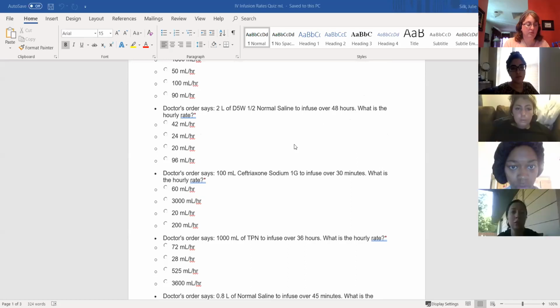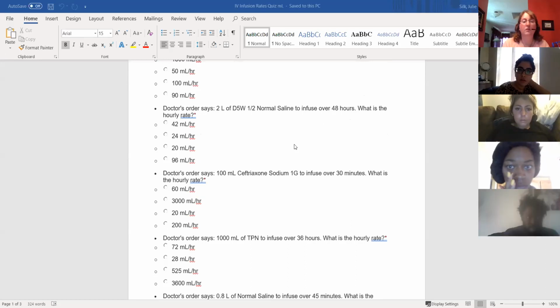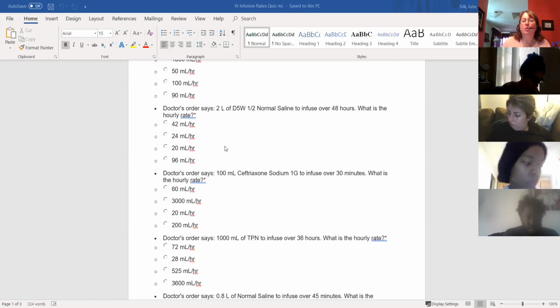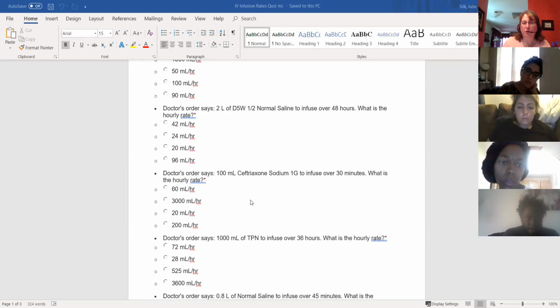Well, first, do we have to convert liters into milliliters? 42. 42 is the correct answer. You're right. You get like 41.66, but obviously we're going to round to a whole number here. So no, you don't have to convert anything so far. Only in this third one here would you have to convert anything.